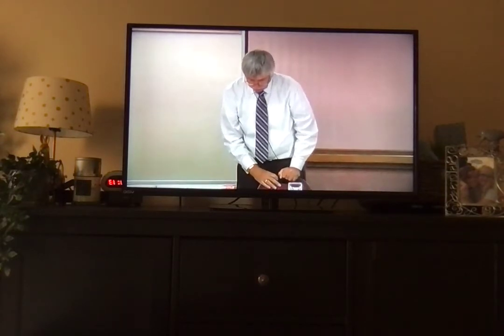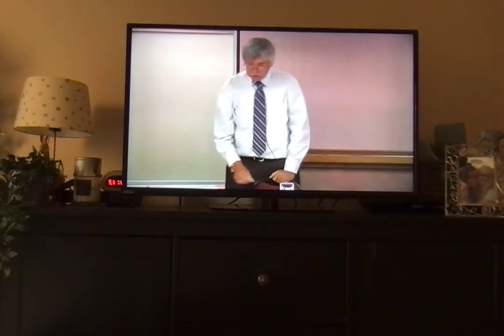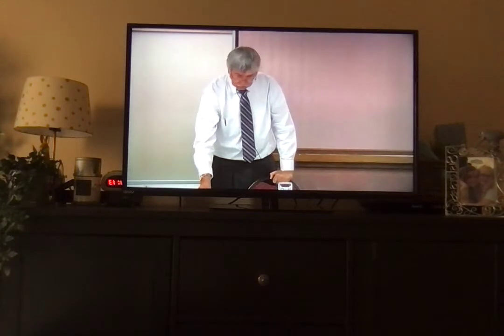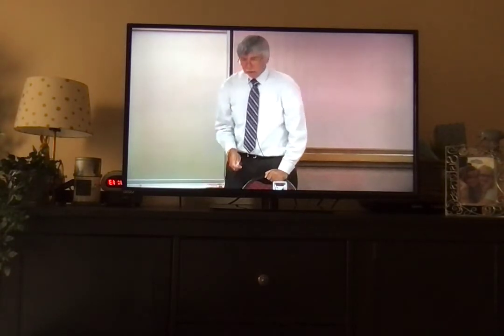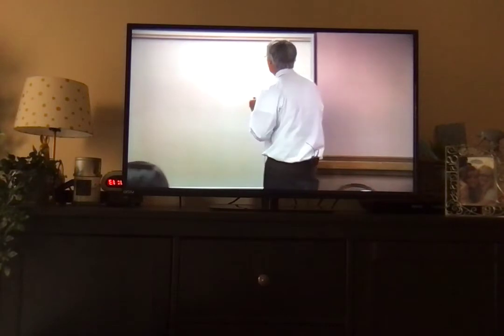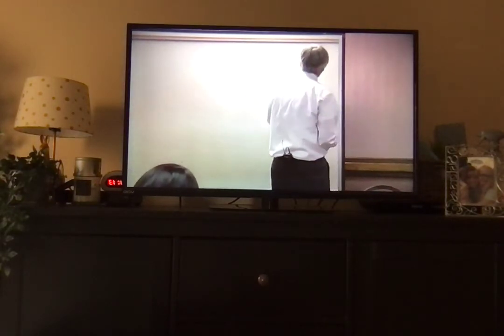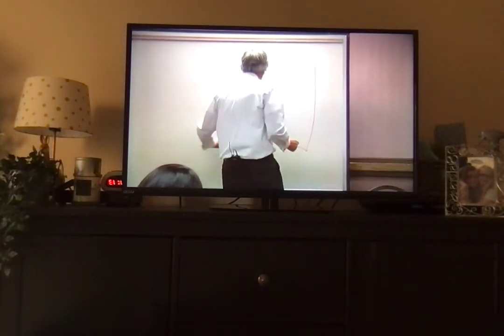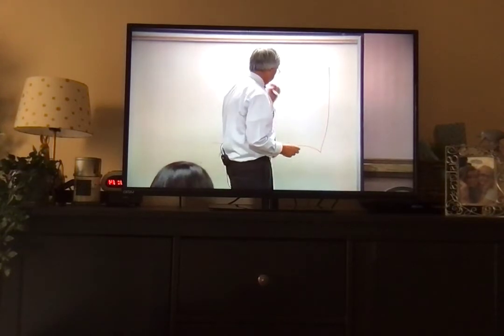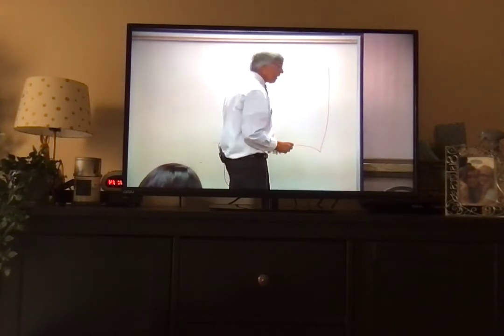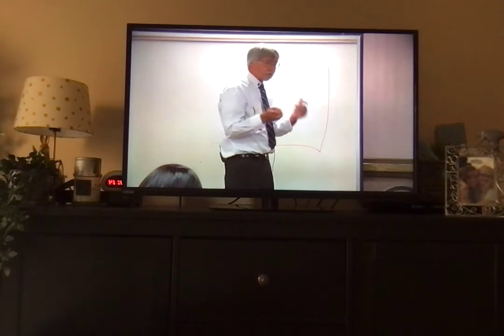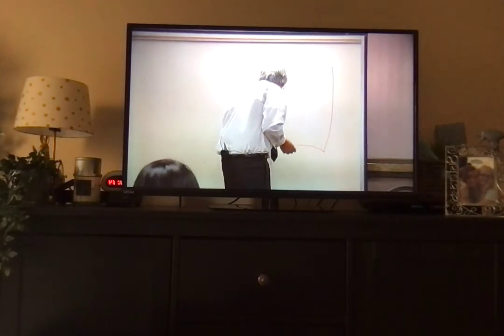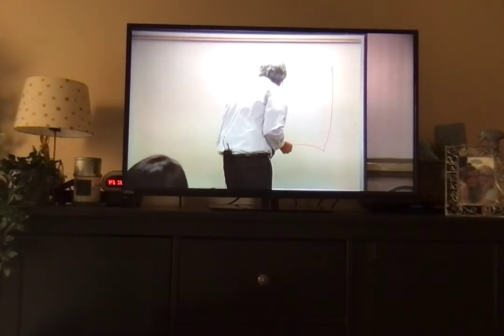So, let me tell you about a kind of special case of correlation, called the curvilinear. Curvilinear correlation is a curved line correlation. And we come across them regularly depending on the kinds of variables that we are measuring or comparing, relating.